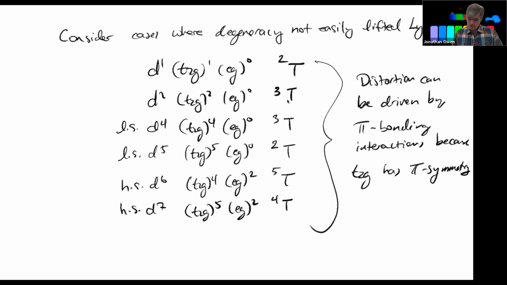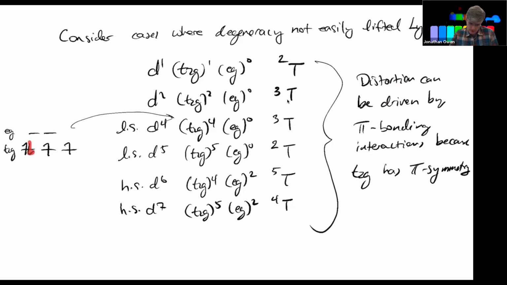Well, I know that this particular electronic state looks like this. So there are three different places that that electron can move in the lower orbitals.